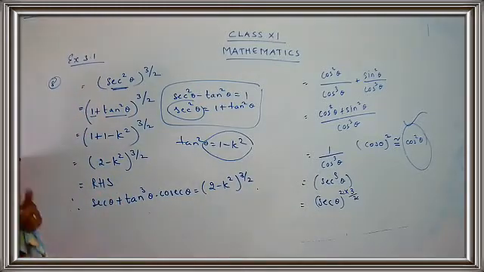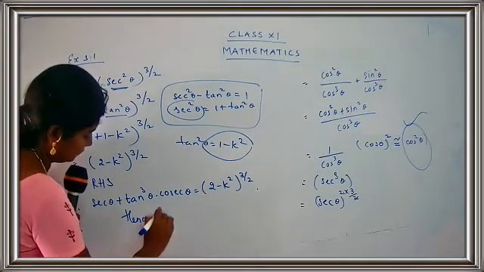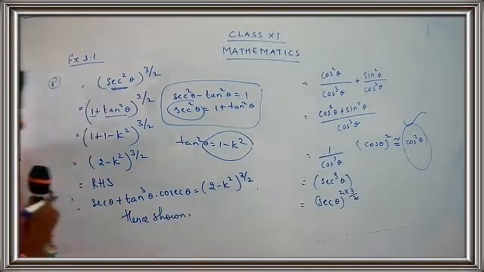So we have just done the first part of the question, that is we have shown that sec theta plus tan cube theta into cosec theta is equal to 2 minus k square the whole raised to 3 by 2. They have given you one more part, that is they have asked you to find out the value for k for which the results hold. So we have to go for the value also. This is complete till here. Write down here, hence show.